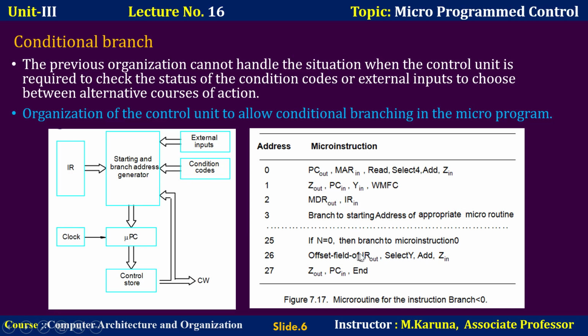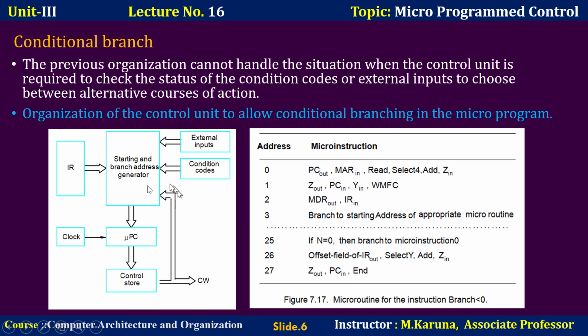Otherwise, execute the other instruction. So what is the other instruction? The offset field of IR. IR contains the unconditional branch instruction in which the offset address is specified. That offset address will be added to the PC content to generate the target address. At that address, whatever instructions are specified will be executed.